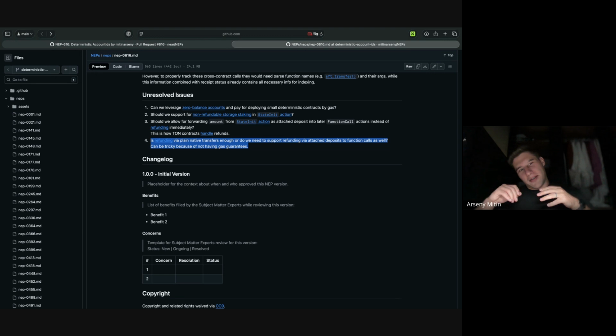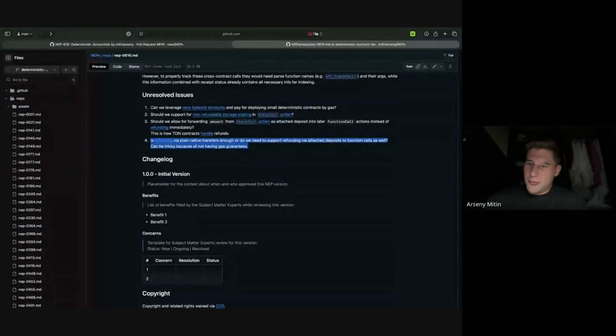What if it would be grateful if it could use the amount that was attached to the state init instead of refunding it back to the refund-to set on this receipt? Do you understand what I'm asking about, Jacob or Michael?